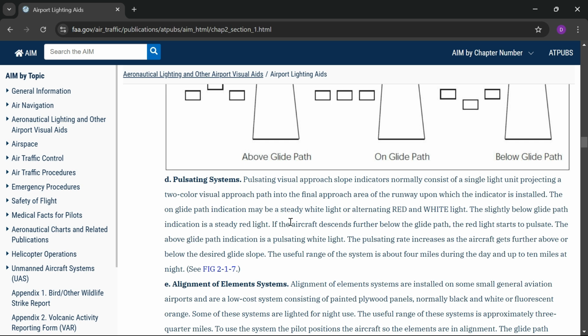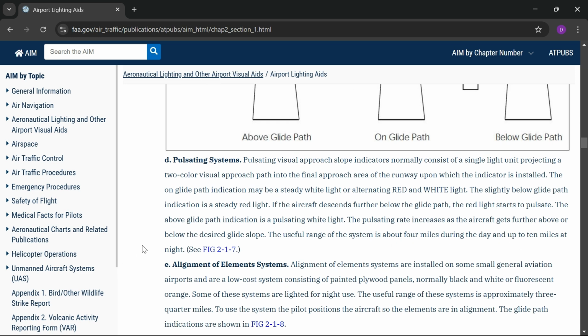The slightly below glide path indication is a steady red light. If the aircraft descends further below the glide path, the red light starts to pulsate. The above glide path indication is a pulsating white light. The pulsating rate increases as the aircraft gets further above or below the desired glide path. The useful range of the system is about 4 miles during the day and up to 10 miles at night.